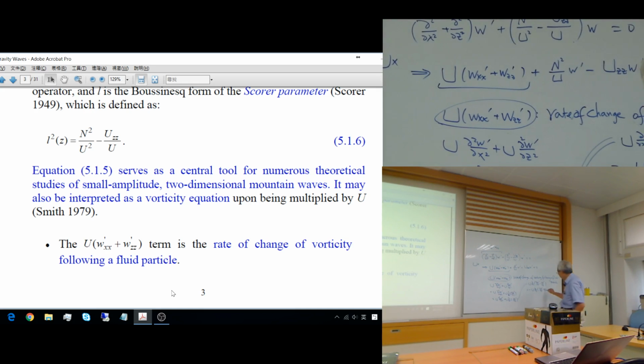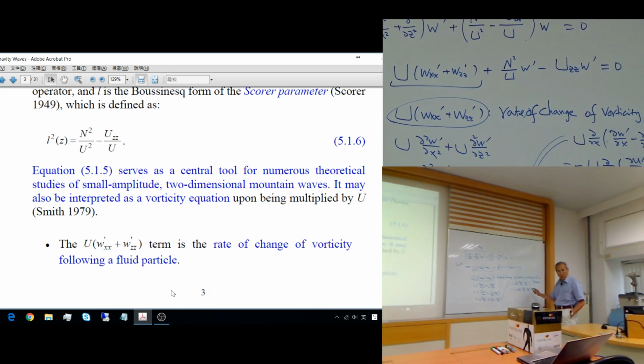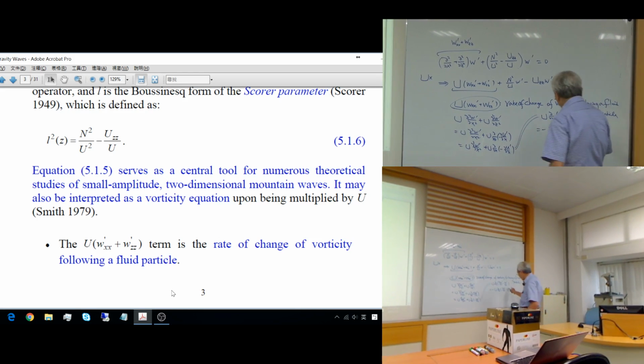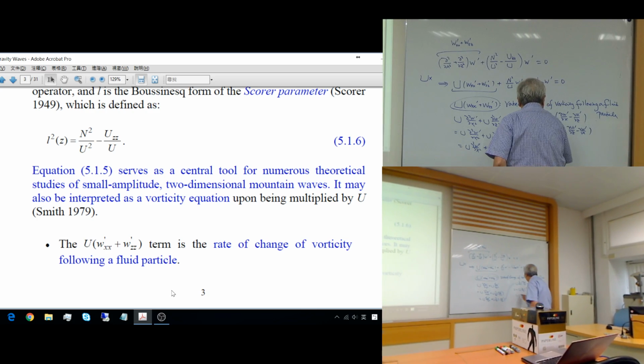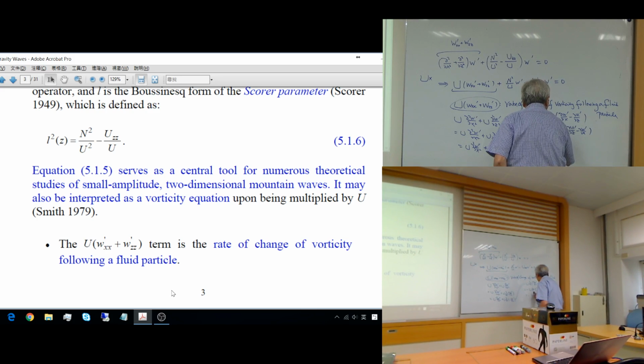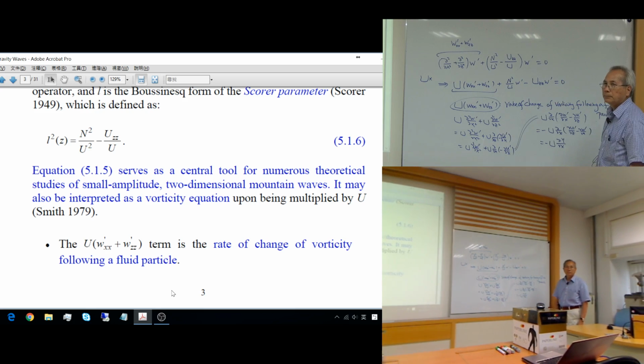But this is eta, the y vorticity. So this is negative u partial eta partial x.